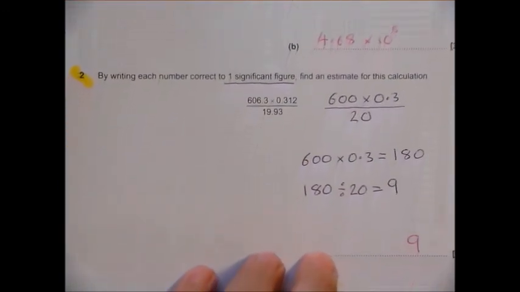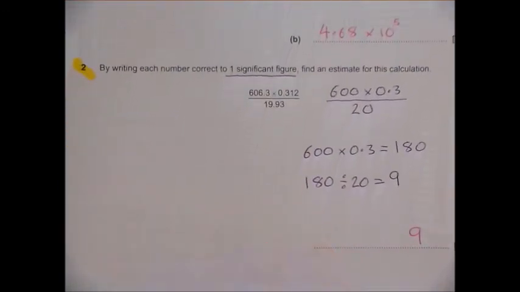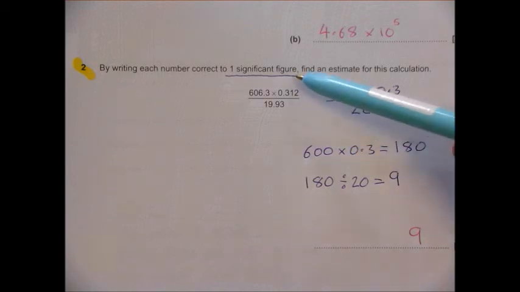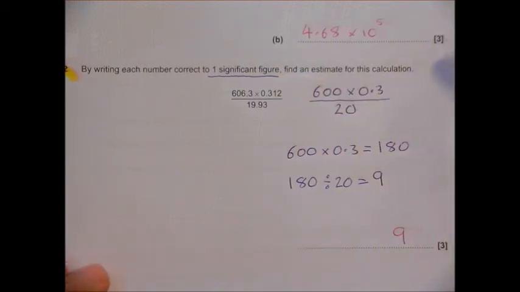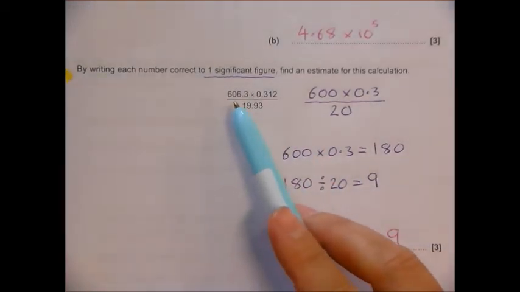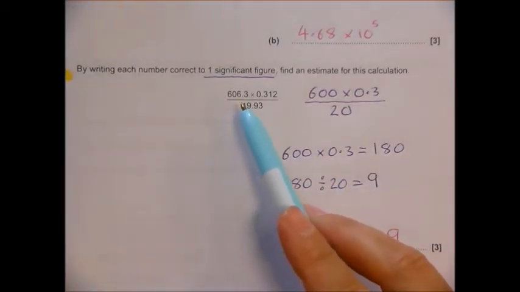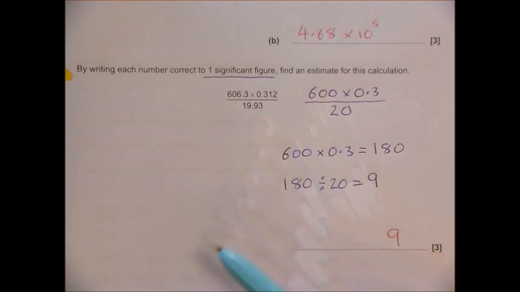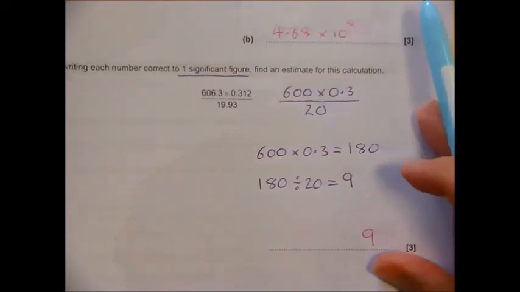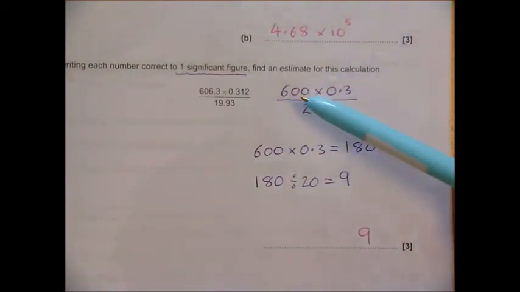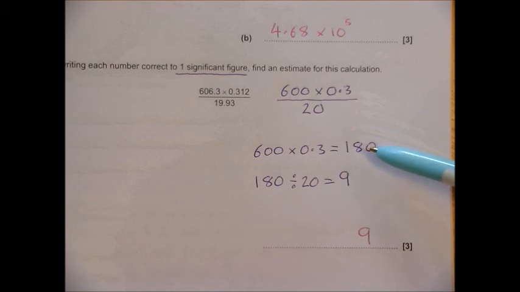Question 2. By writing each number correct to one significant figure, find an estimate for this calculation. So what I've done is 606.3 to one significant figure is 600. 0.312 is 0.3, and 19.93 is 20. I've then started to do some calculations, so 600 times 0.3 is 180.